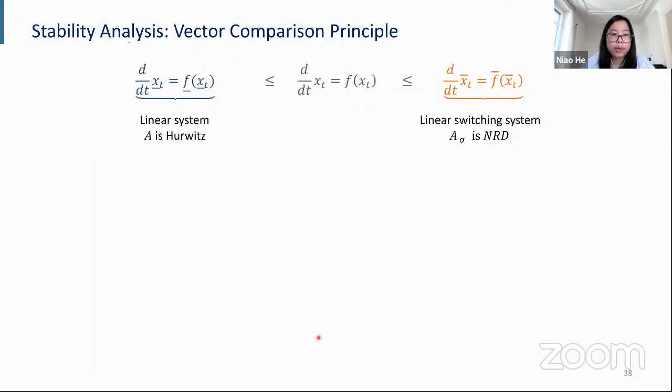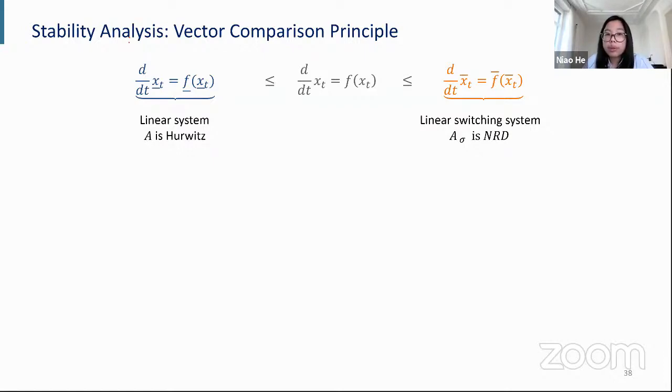So this then brings us to the following immediate result. For the lower linear system, we know that it is asymptotically stable. For the upper system, we know that it is also asymptotically stable.